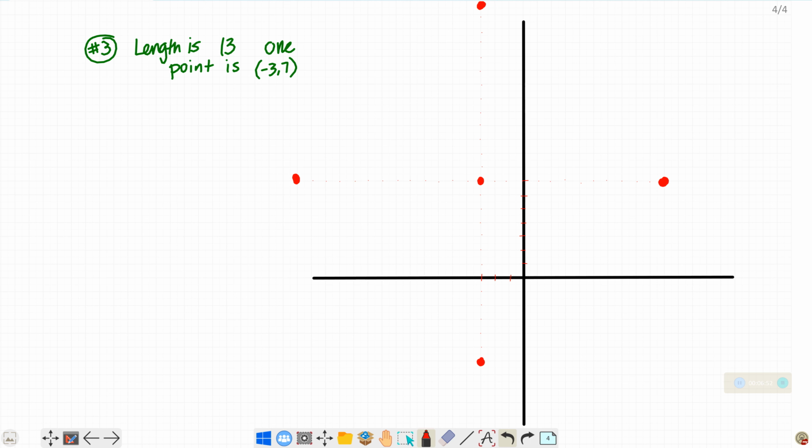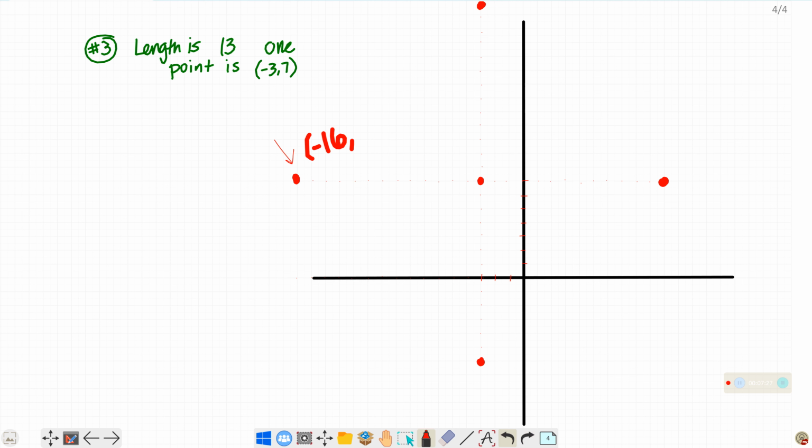We have to tell how far left, how far up or down, and we're going to use the x coordinate first and then the y coordinate. So how far horizontal and then how far vertical. To this far point over here, we would count 16 to the left. So it's going to be at -16.